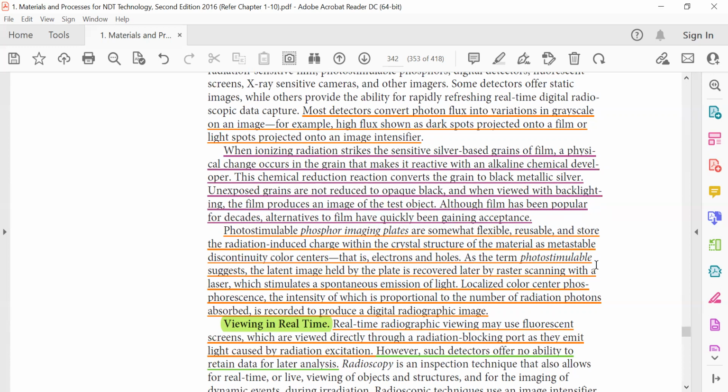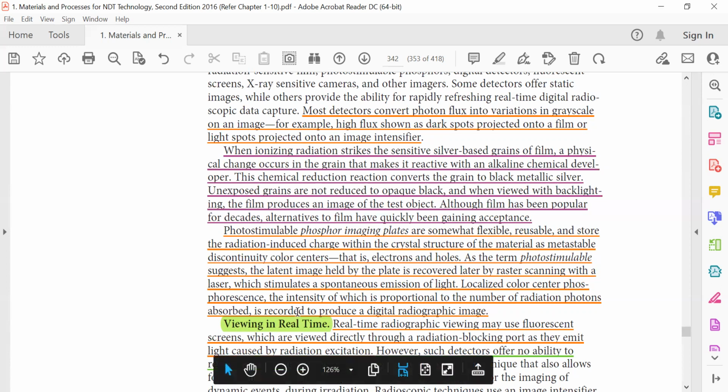As the term photostimulable suggests, the latent image held by the plate is recovered later by raster scanning with a laser, which stimulates a spontaneous emission of light. Localized color center phosphorescence, the intensity of which is proportional to the number of radiation photons absorbed, is recorded to produce a digital radiographic image.